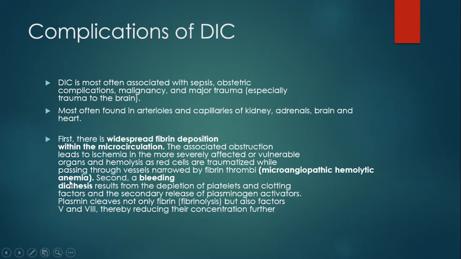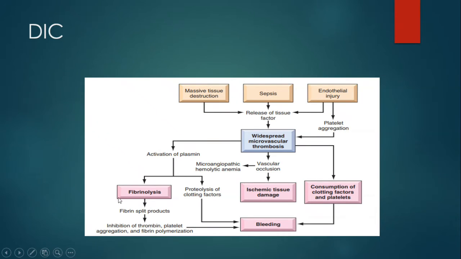Okay. DIC is well described in this flowchart diagram. There is massive tissue destruction. There is sepsis or endothelial injury that causes release of tissue factor. Due to release of tissue factor, it can cause widespread microvascular thrombosis, formation of widespread coagulation within the microvasculature.